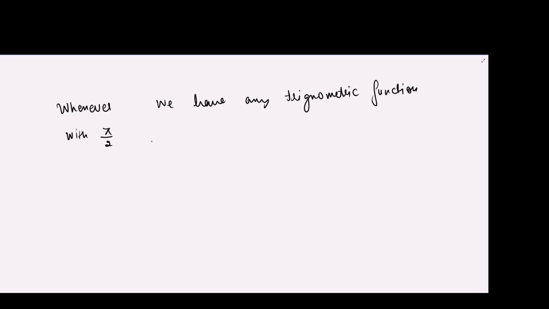So whenever we have any trigonometric function with pi by 2, for example sin(pi/2 plus theta), the function will change.